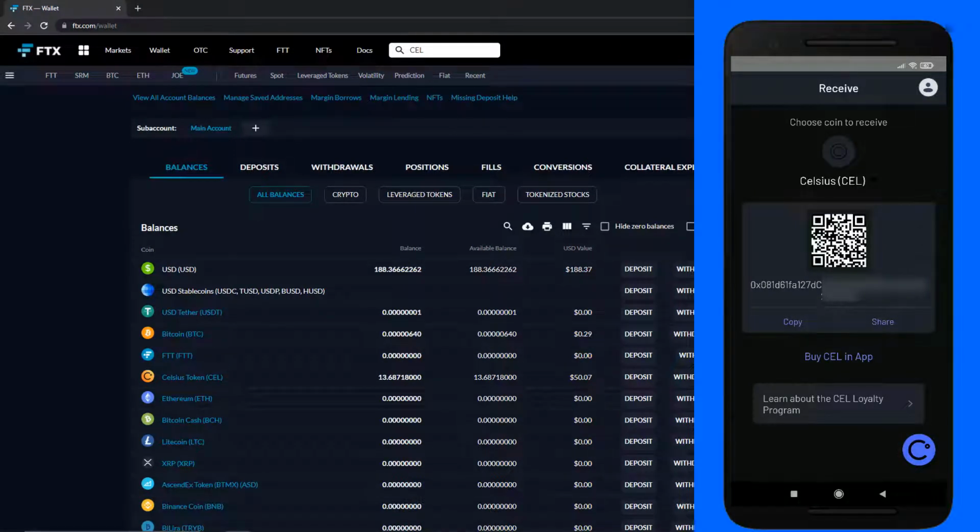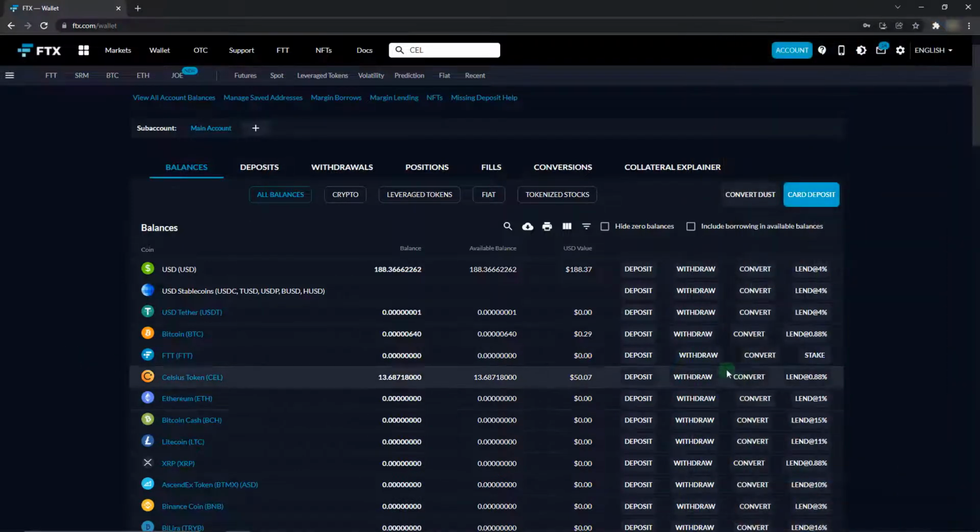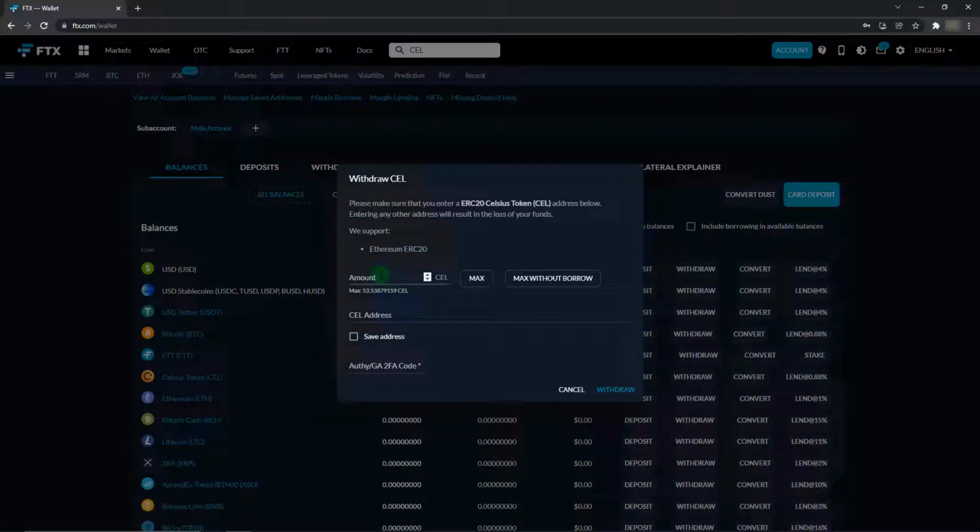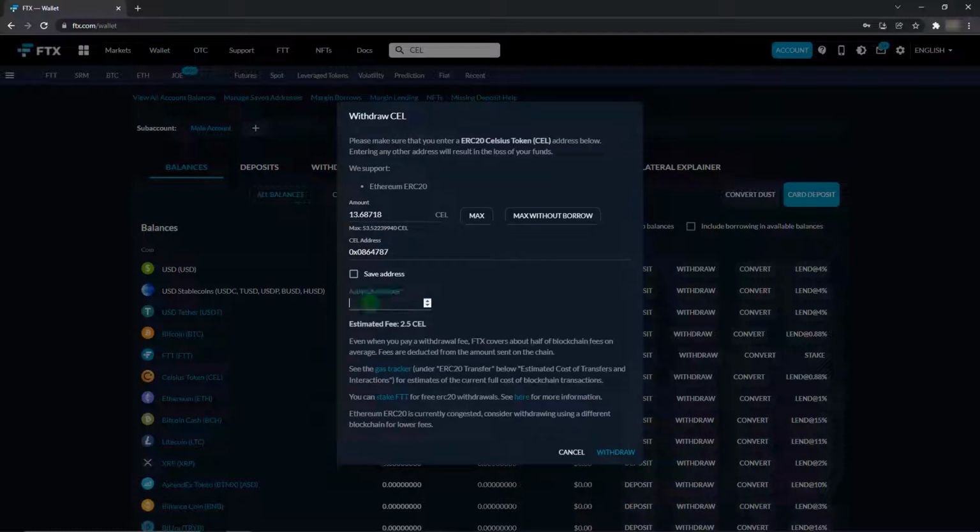So I'm going to copy this address and now we'll head back to FTX, and from here we can select withdraw. Right over here I can specify that I would like to withdraw all of my CEL tokens, and over here we can enter the corresponding address. Over here I will have to enter my Google authentication code, and what's important to notice is that the estimated fee is only 2.5 CEL tokens.